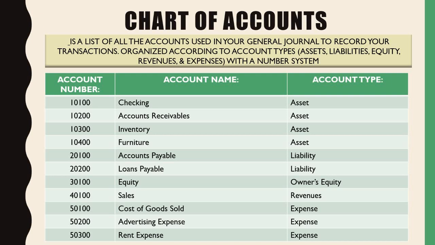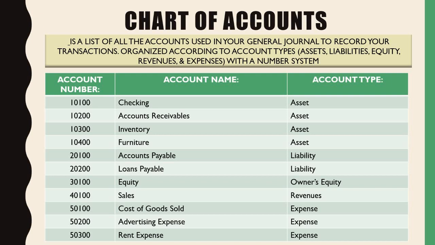This is not the bookkeeper's job, right? We talked about the bookkeeper versus the accountant. The accountant is going to create this master chart of accounts so then they can give to the bookkeeper, and the bookkeeper is going to use this chart of accounts to journalize their transactions, okay, to record their transactions.